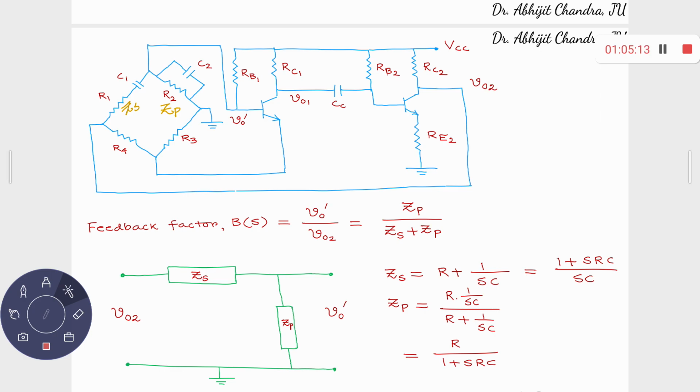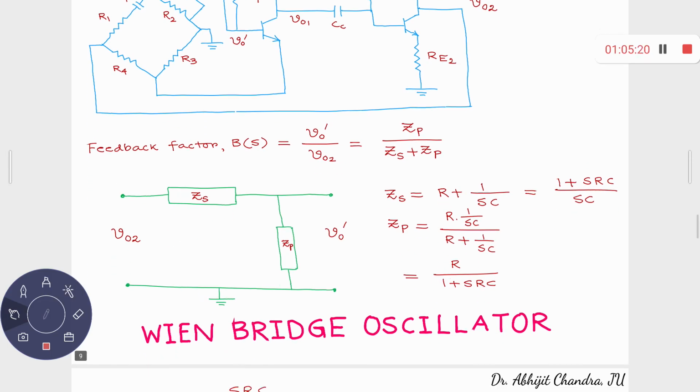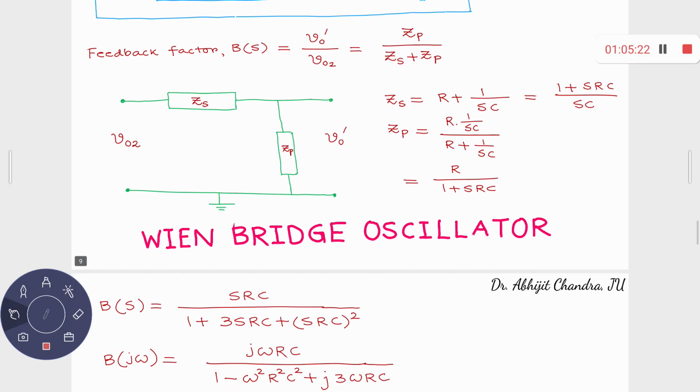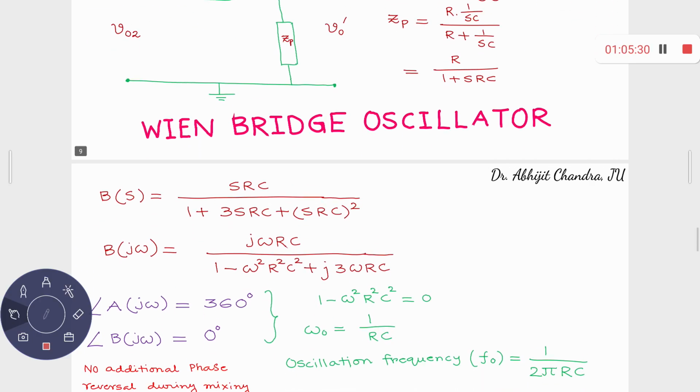That is ZP upon ZS plus ZP. If you simply substitute those values, what you get is SRC upon 1 plus 3 SRC plus SRC whole square. That is j omega RC upon 1 minus omega square R square C square plus j into 3 omega RC.